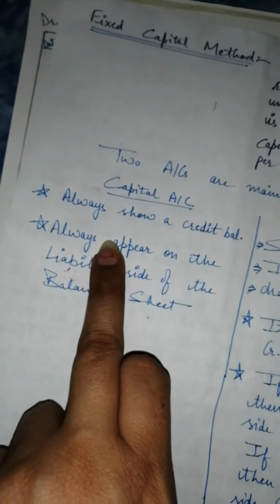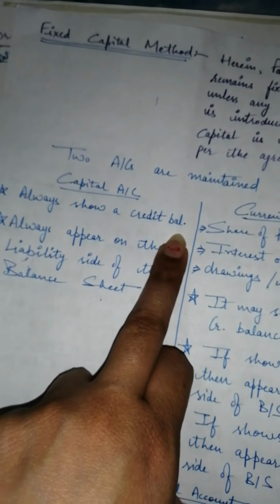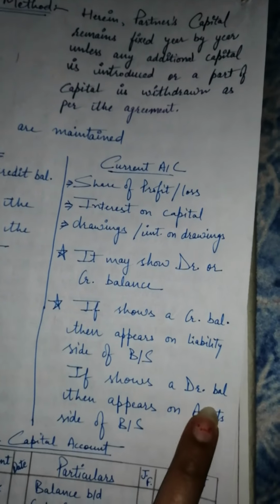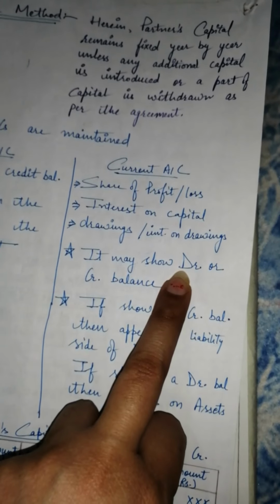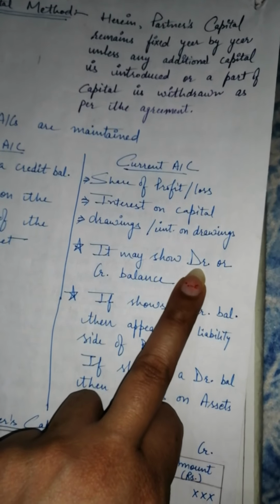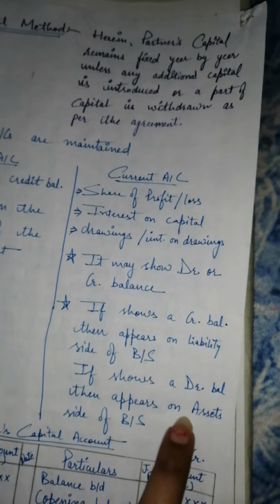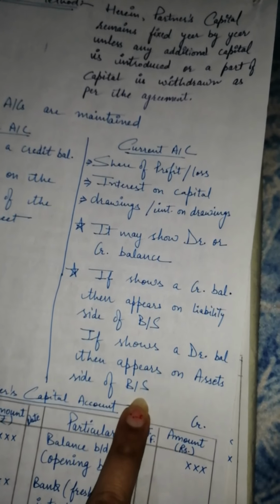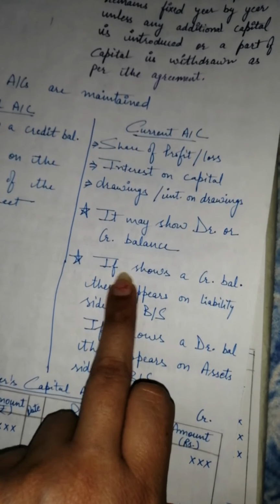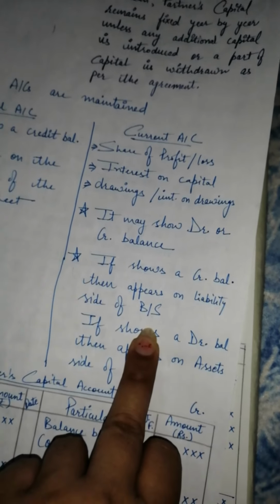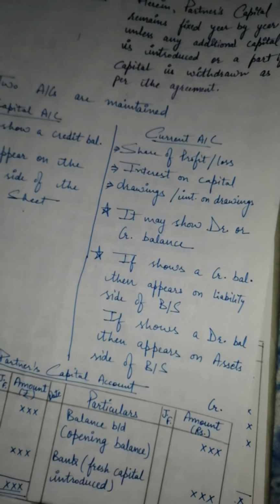Our capital account will always show a credit balance, but our current account can show a credit balance or a debit balance. If it is showing a debit balance, then it will appear on the asset side of the balance sheet, and if it is showing a credit balance, then it will appear on the liability side of the balance sheet.